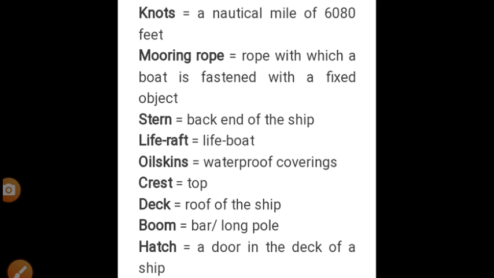It's a distance measured in the ocean, and 1 nautical mile is equal to 6080 feet. Mooring rope means a rope with which a boat is fastened or tied to a fixed object. Stern, it is the back end of the ship. Life raft, it is lifeboat. Oilskins means waterproof coverings.